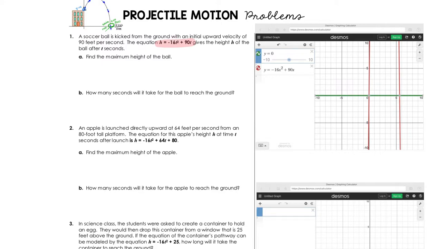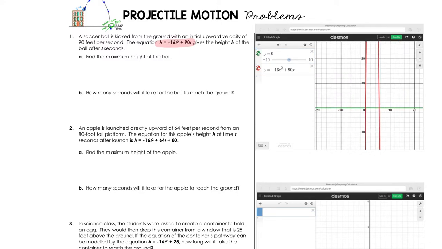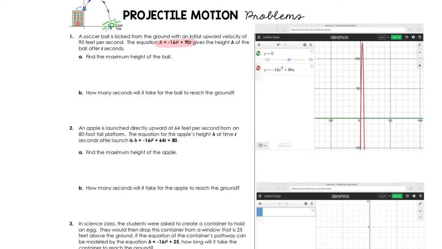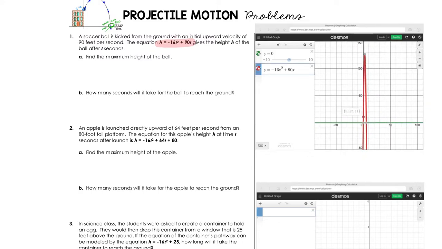So the soccer ball started at 0, 0, and it was kicked all the way up to its highest point, and the highest point is 126.6 feet.